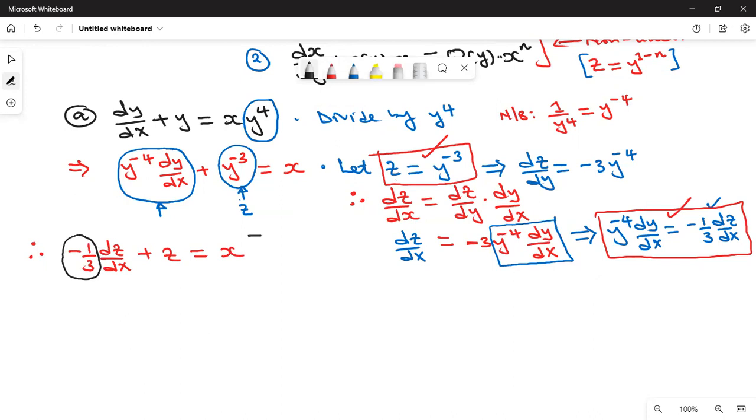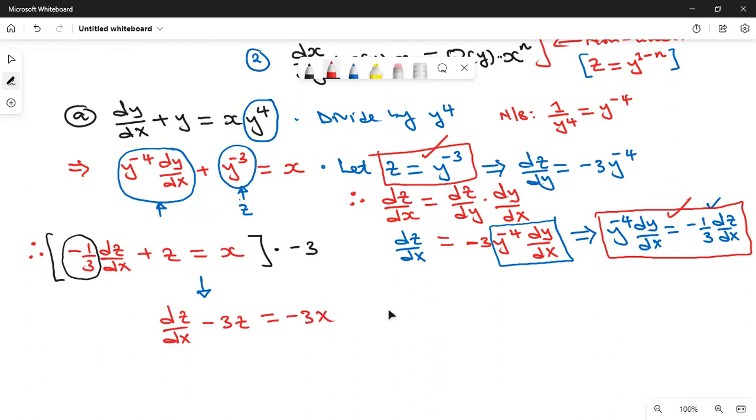So I'm going to multiply this equation by negative 3 on both sides, so that we get dz/dx minus 3z is equal to negative 3x.